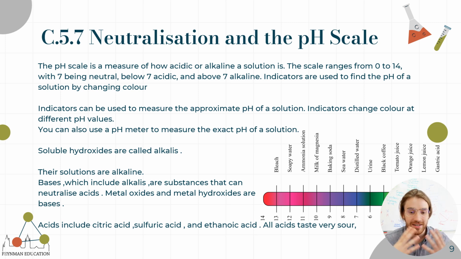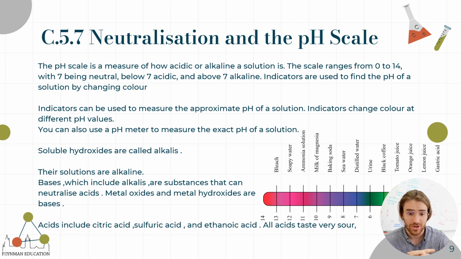So when we're talking about neutralization in a pH scale, we said that on a pH scale, you're going to have your more acidic substances at the bottom half and your more basic or alkali substances at the top half. Okay, when we add these together, they can neutralize each other.